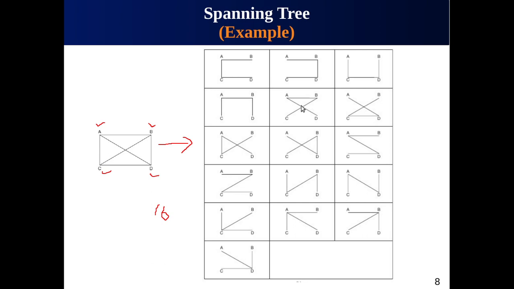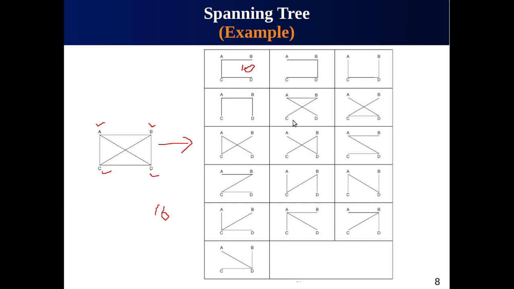We have formed different spanning trees. Now, the minimum spanning tree among these solutions will be the one where the minimum weight is possible, the tree with the minimum possible weight. For example, the overall weight of this spanning tree is 10. Weight could be anything.